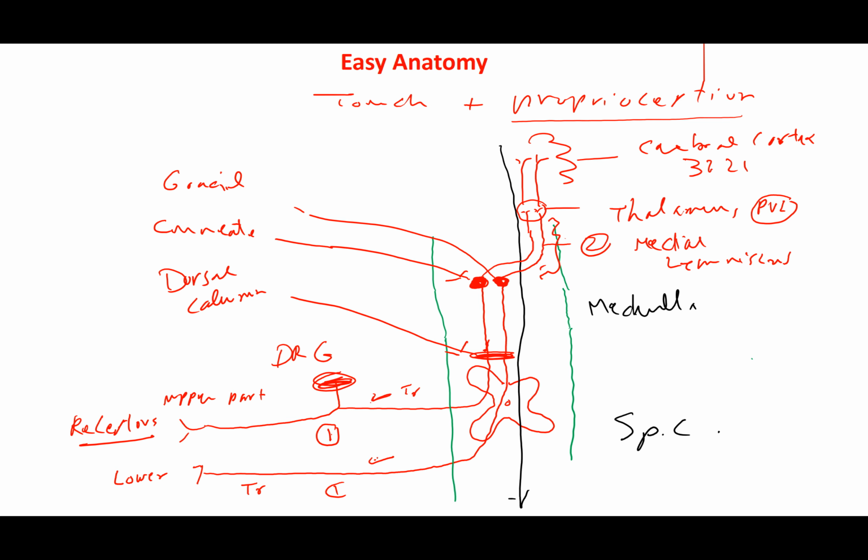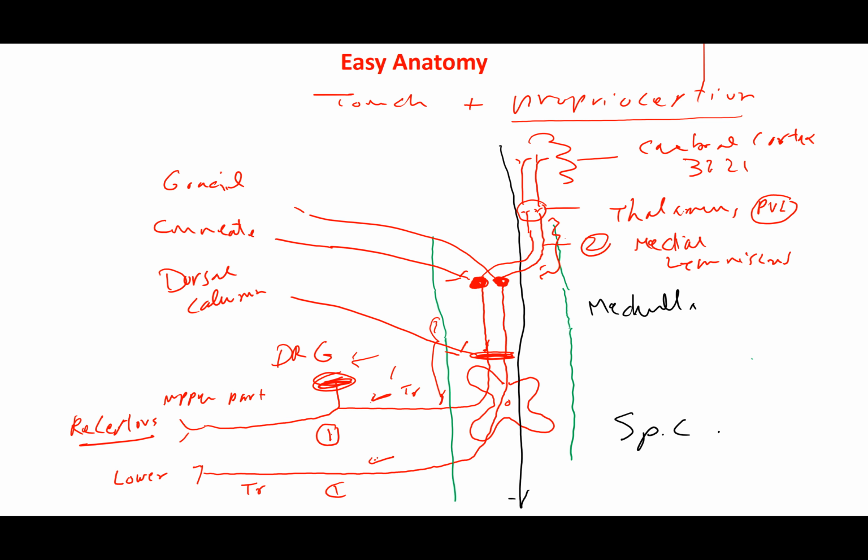If there is an injury in the spinal cord that involves the posterior column, where is the loss of function? Is the loss on the same side or the opposite side? Let us say that here is a lesion in the spinal cord in this area. Basically, the loss of function is going to be on the same side, because as you see, the crossing happens in the medulla.